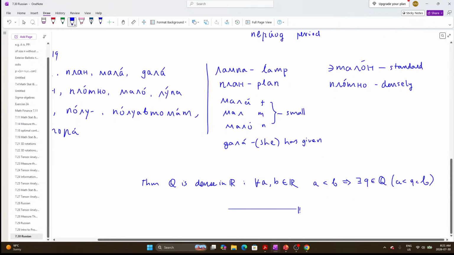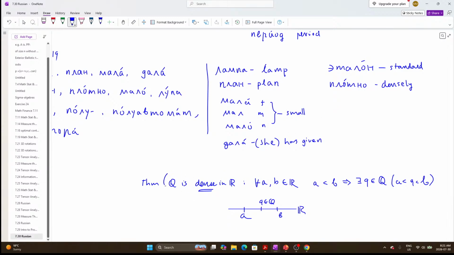This is the real line, A, B, and there's a Q in big Q. Q is dense. Do you use that word, плотна, to describe Q is dense in R? Anyway, that's a new word for me.